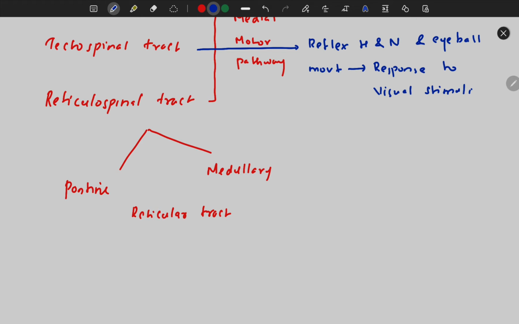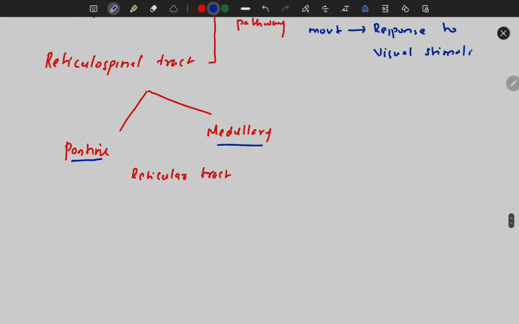The reticulospinal tract has two components, that is the pontine reticulospinal tract as well as the medullary reticulospinal tract. It is actually controlling our limb extensors.